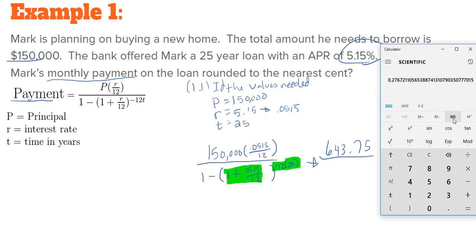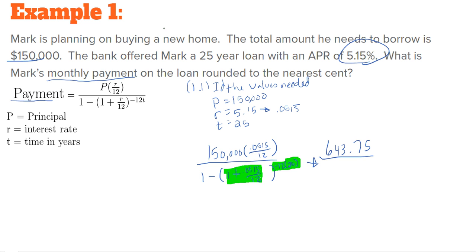Okay, so then we're going to store that. We're going to do 1 minus that, what we just had. And on the bottom, we get 0.7232, 0.723278.